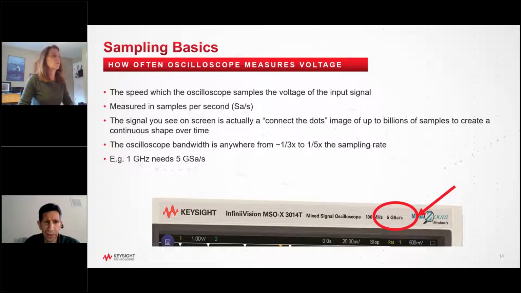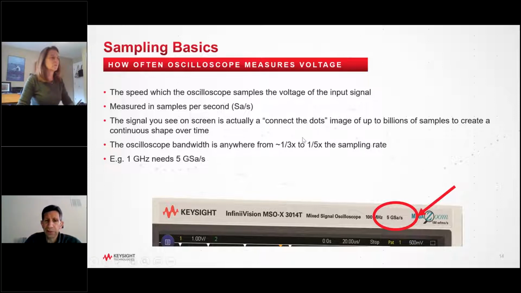the signals most accurately. So what you're actually seeing on an oscilloscope screen, as point 3 mentions, is those A to D converter samples, individual digital samples, and then stitched together or in a connected dots mode up to millions or billions of samples. It can give you a continuous waveform shape.